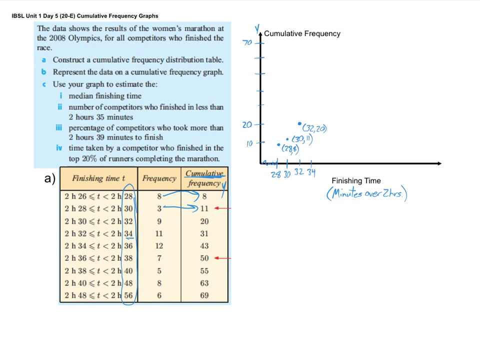So here's 30, so just above that. Then 36, 43. There's 40. Then 38, 50.